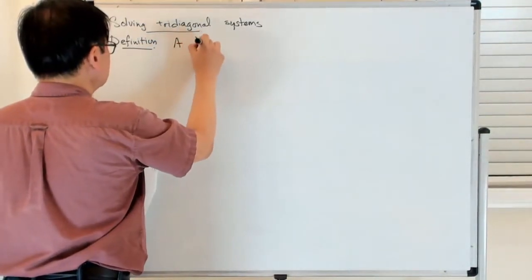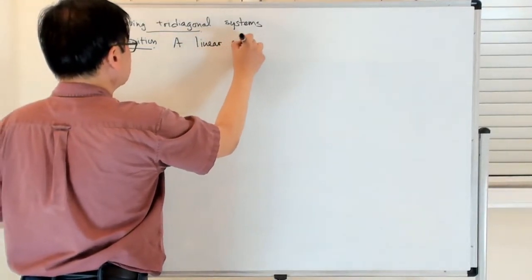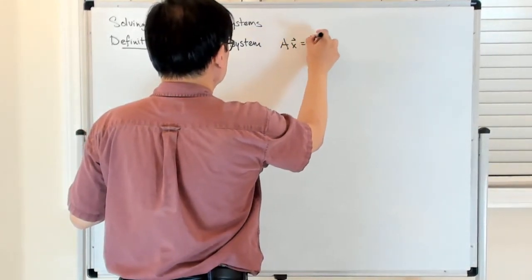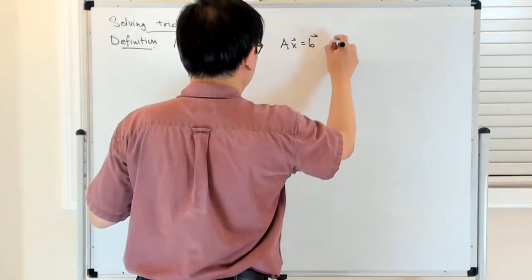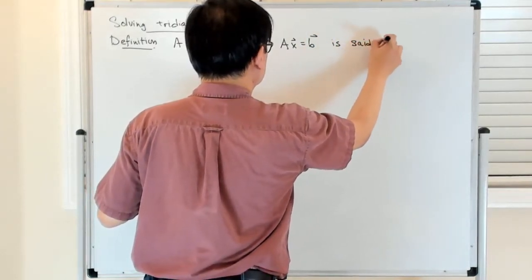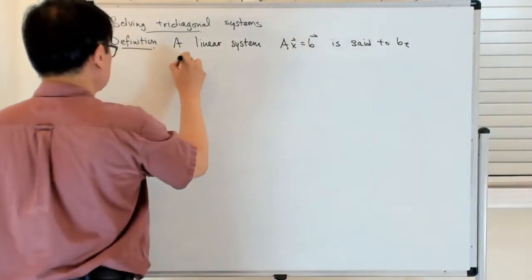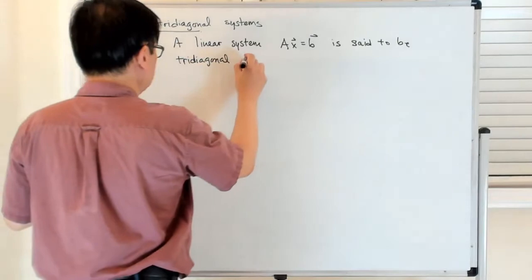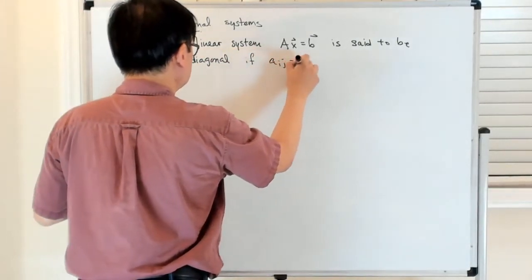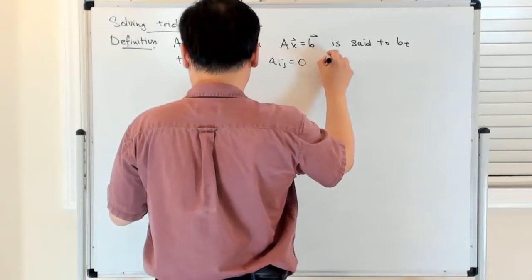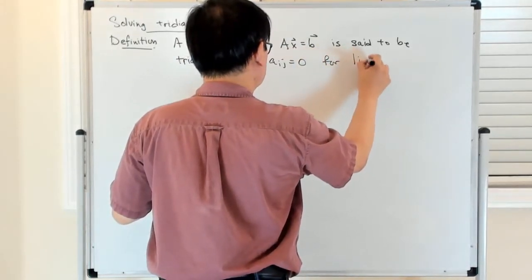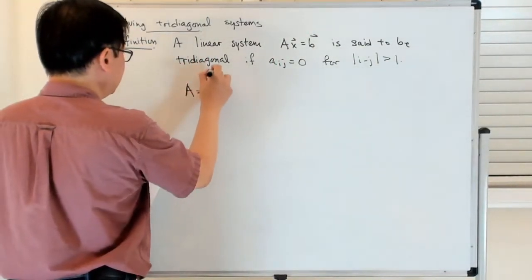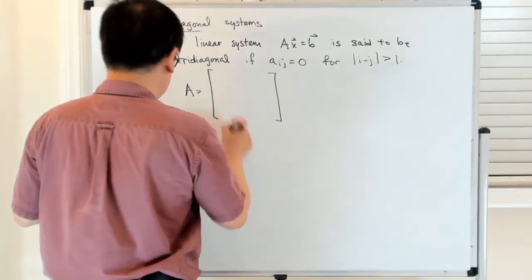A linear system of equations, Ax equals b, is said to be tridiagonal if a_ij is equal to 0 whenever the absolute value of i minus j is greater than 1. Okay, so that means that I can write this matrix A in the following way.